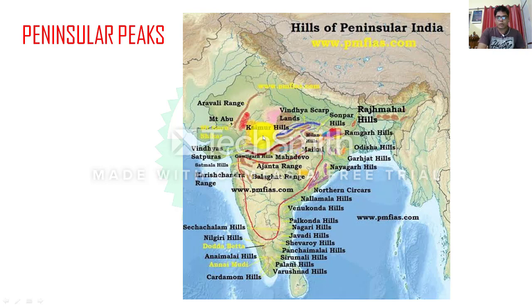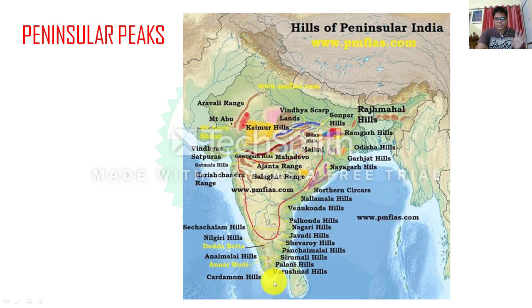Next, come to the peninsular. In peninsular India there are a number of hills you can see over here. This portion is known as the peninsular, and the hills are the Ajanta range, Balaghat range, then Mahadeva range, Maikal range, and Kaimur hills also located here. If you go from north to south, you can find a number of hills.